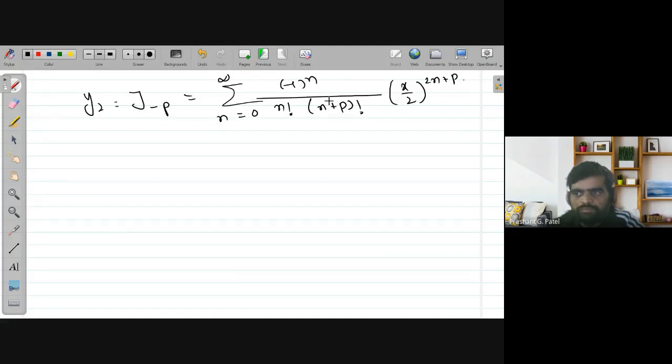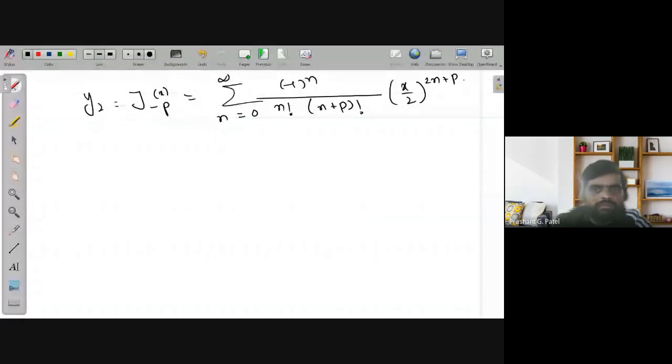So the first term of y2, what is the first term when n equal to 0?